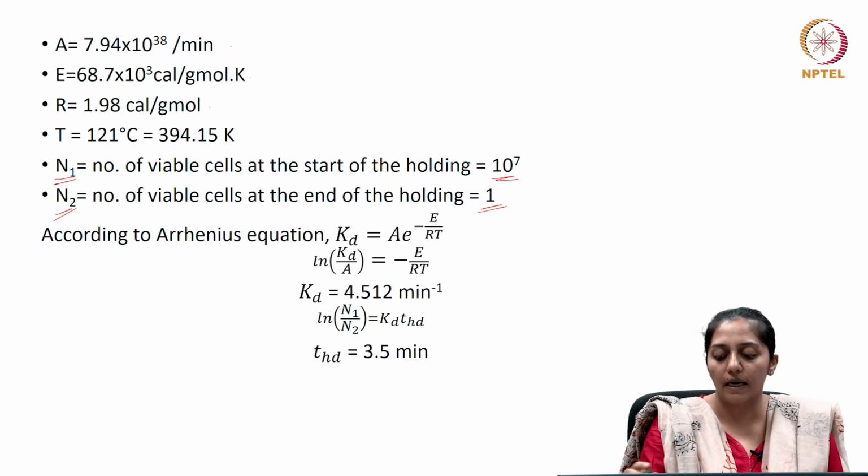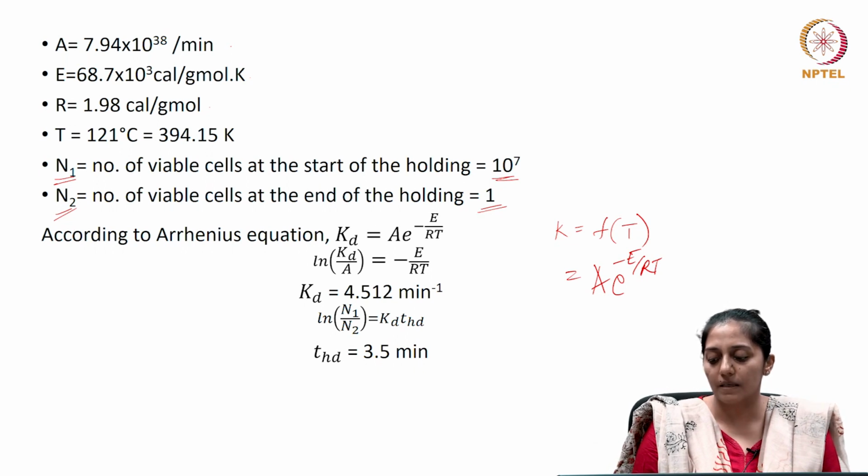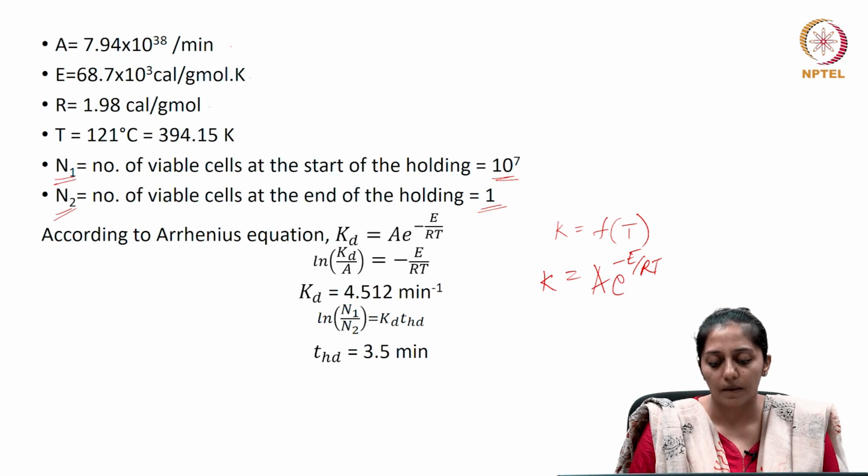Now, we know that as per the Arrhenius equation, the thermal death rate constant is a function of temperature. Here Kd is the thermal death rate constant, A is the Arrhenius constant, E is the activation energy, and T is the temperature for sterilization.